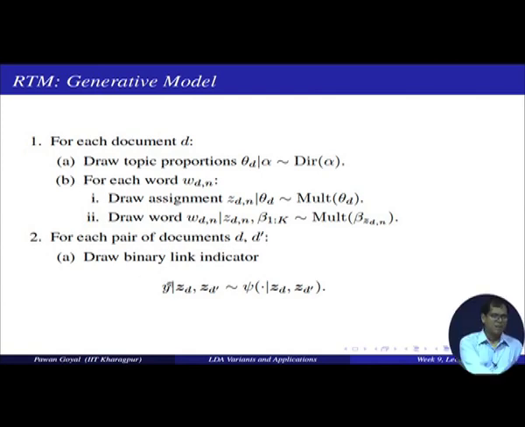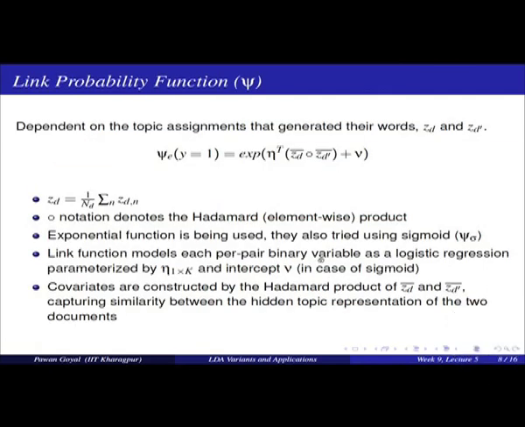You are trying to sample the variable y, whether they will link or not, and this depends on their ZD and ZD prime. And what is the function? It is a psi of y given ZD and ZD prime, and this is modeled like this. This is an exponential function over eta transpose a Hadamard product of ZD and ZD prime.